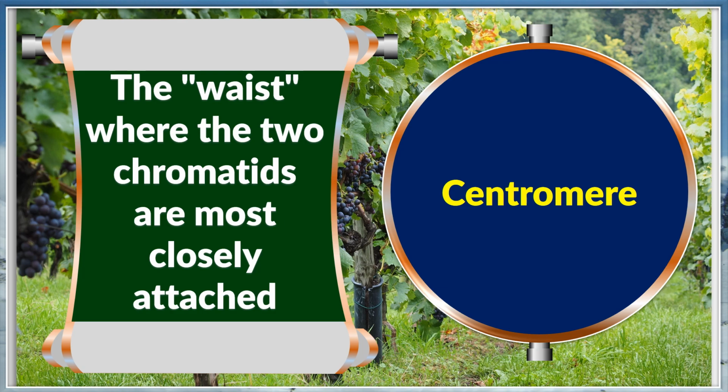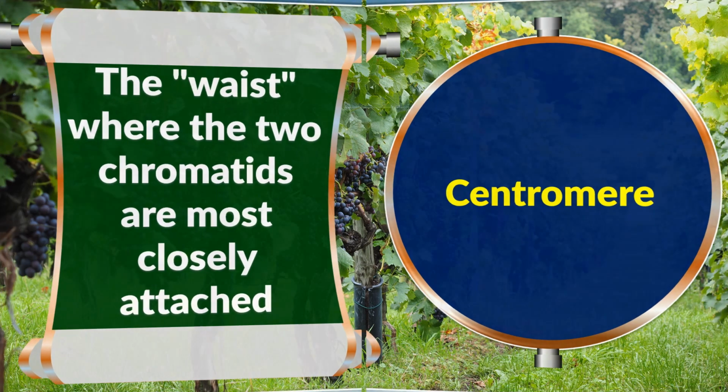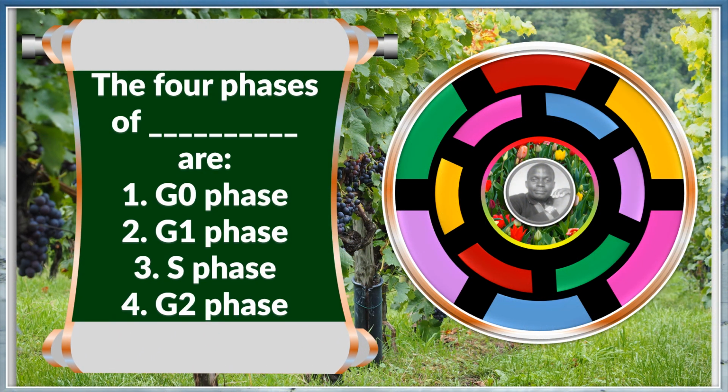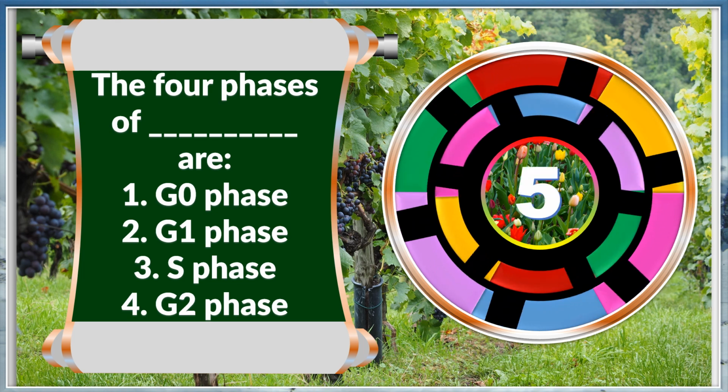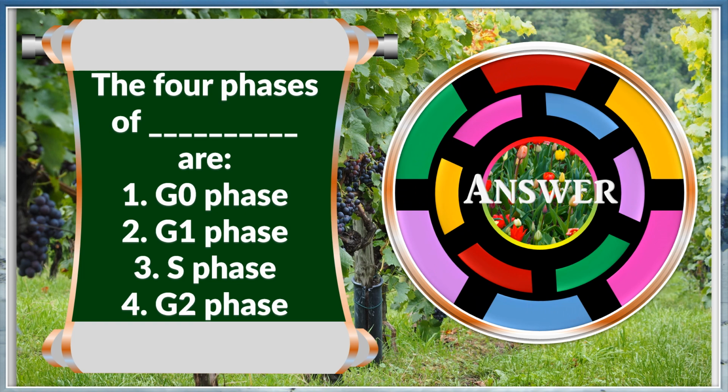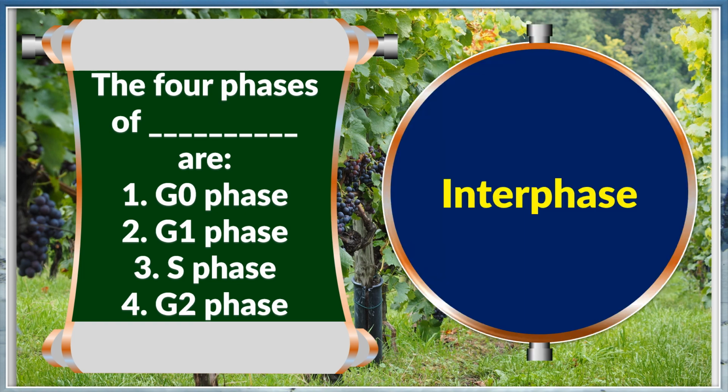Centromere. The four phases of dash are: 1. G0 phase, 2. G1 phase, 3. S phase, 4. G2 phase. Interphase.